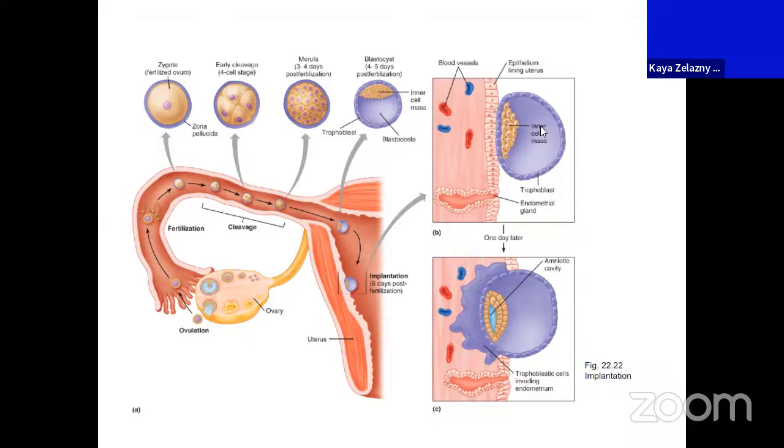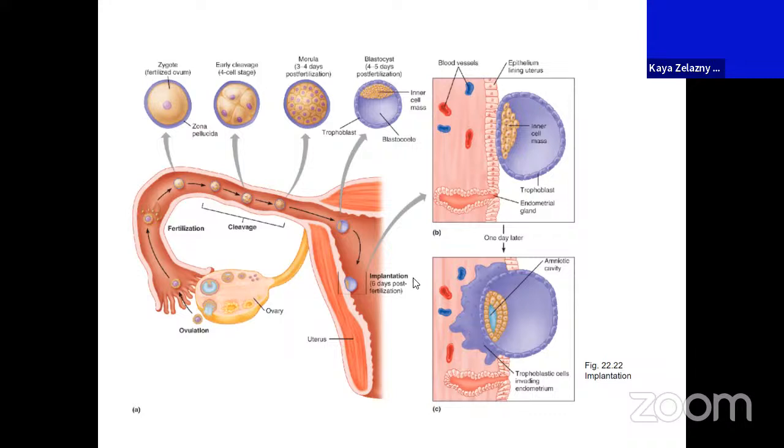As this group of cells is implanting here, we start to see that cell mass kind of invaginating, so getting into the layers of the uterus here. You can see the invasion of some of those cells into the endometrium. This is what implantation is.